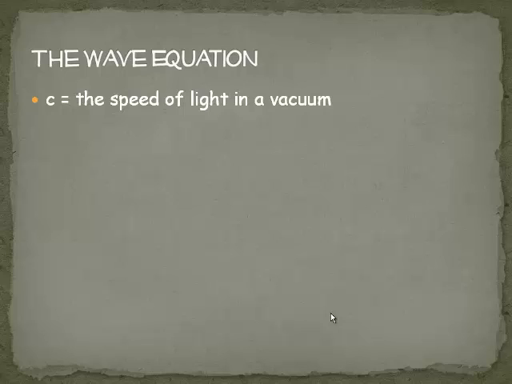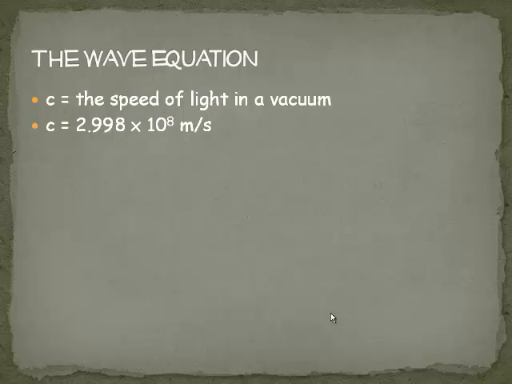And the speed of light in a vacuum has a very specific number. It's 2.998 times 10 to the 8th meters per second. In some of your calculations, you'll be allowed to use 3.0 times 10 to the 8th meters per second. Let your calculator do the work you bought it to do, and feel free to use 2.998 times 10 to the 8th meters per second.